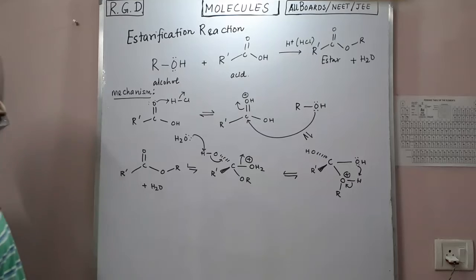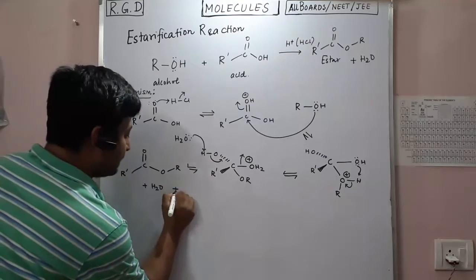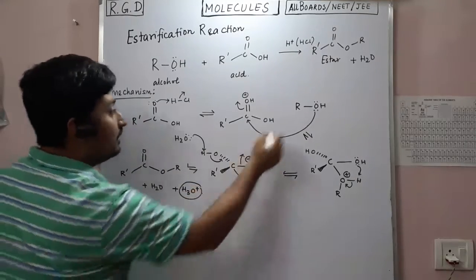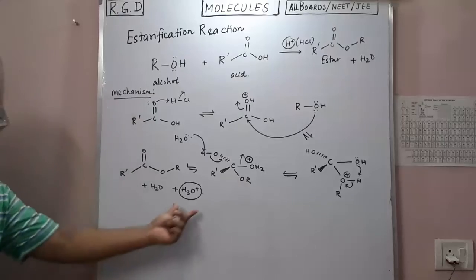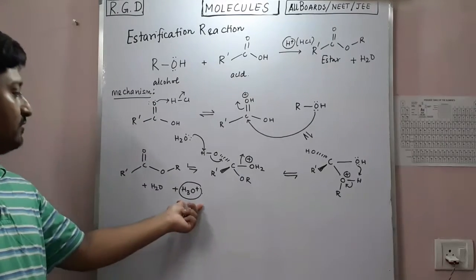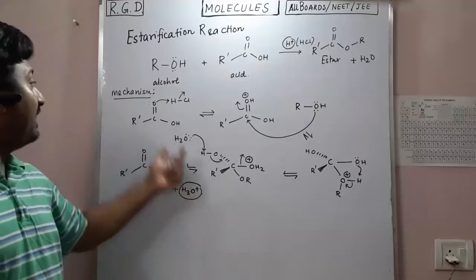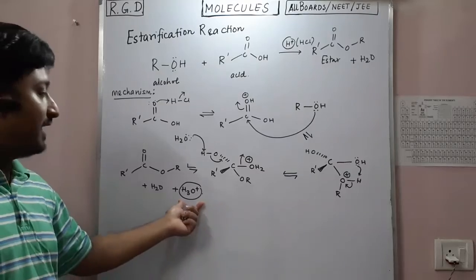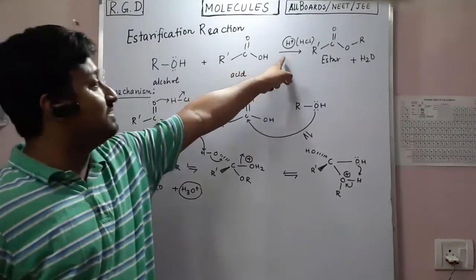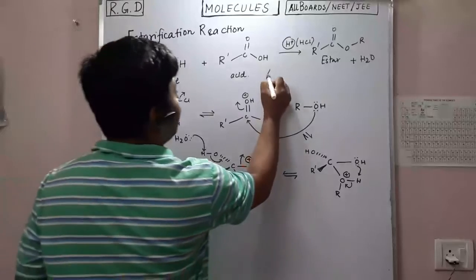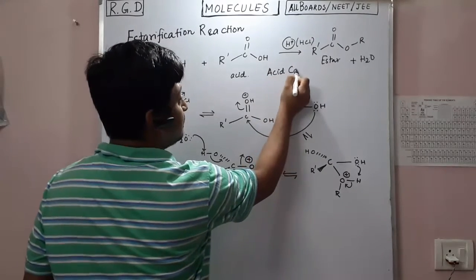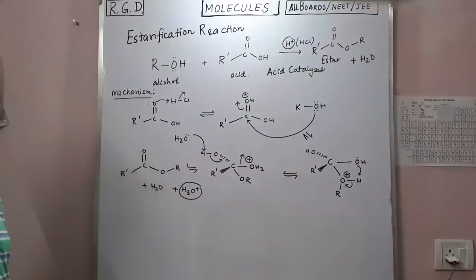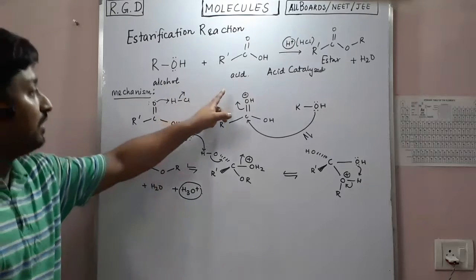Plus H3O plus, a hydronium ion, which is nothing but the H plus. So at the end of the reaction you are getting the H plus back. That's why this reaction is known as the acid catalyzed esterification reaction between the alcohol and acid.